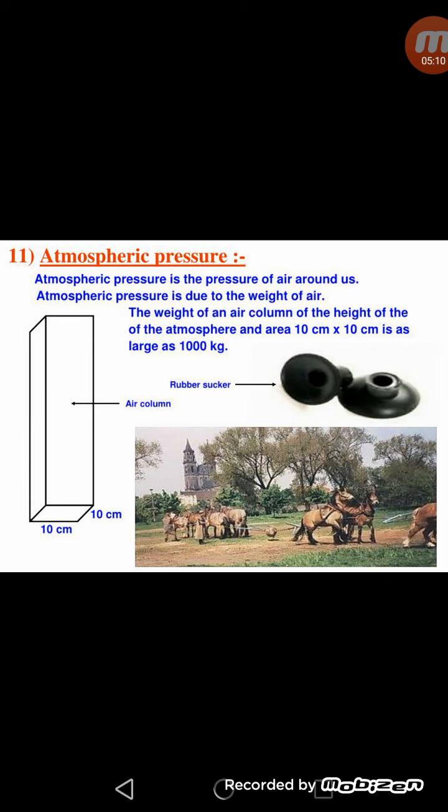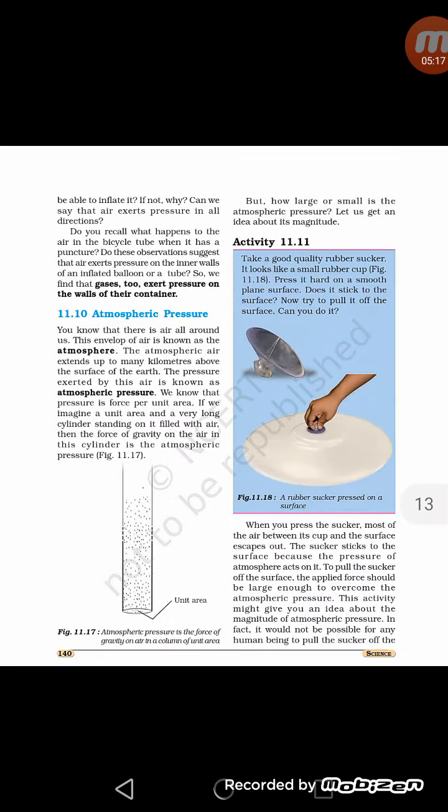Here is shown the diagram of a rubber sucker which is fixed to the wall due to creation of vacuum. Now atmospheric pressure is measured with the help of an instrument called barometer, and here is shown the rubber sucker which sticks to the wall.